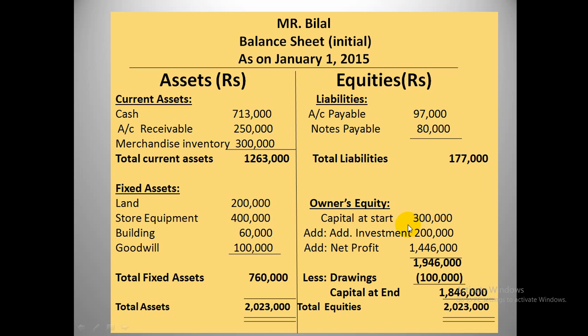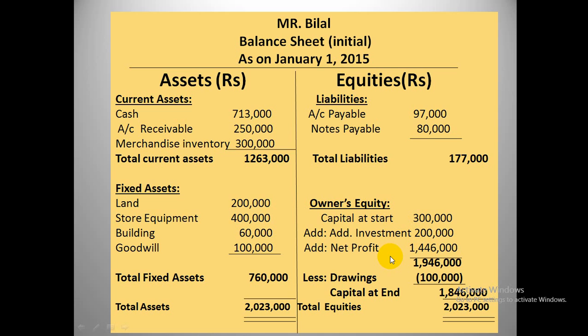The first is capital at start, the second is additional investment, the third is net profit, the fourth is drawing, and the fifth is capital at end. If out of these 5 amounts any one is missing, then we can work on these missing figures by going in reverse order. So you have to remember this sequence, and we are using this sequence to find out the missing figures in those 4 part questions.